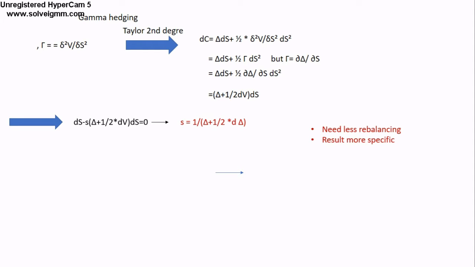So we know all the things we have to know to make a decision. Yes, there are delta and vega, there are other Greeks, but this is the most important, I think, for me.